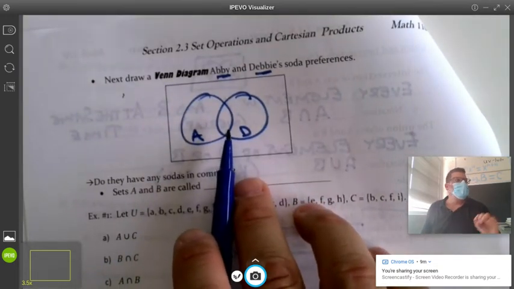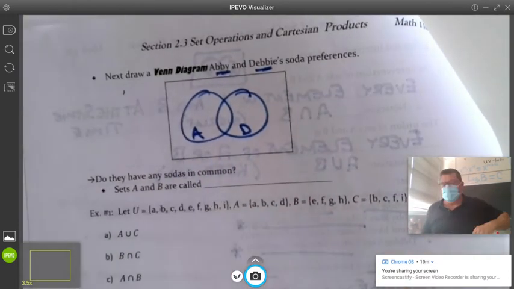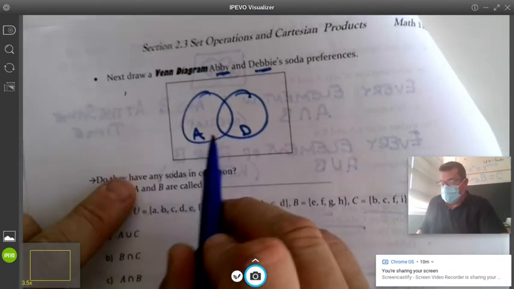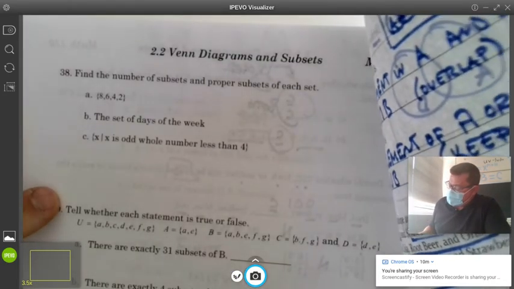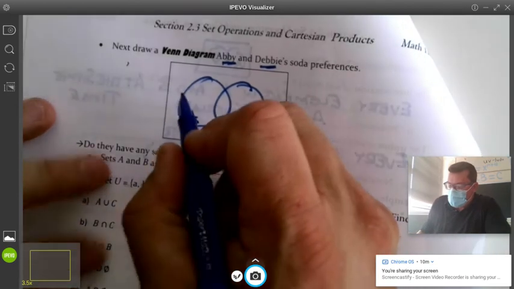Tomorrow we're going to talk about counting the values that are inside those areas. So 0 different colas live in that zone. And then Abby's colas are cola, root beer, and orange.